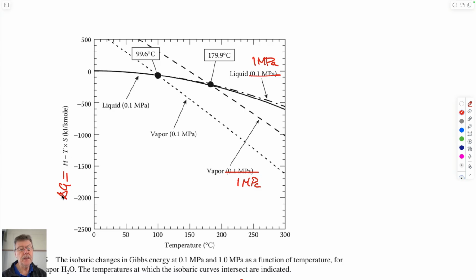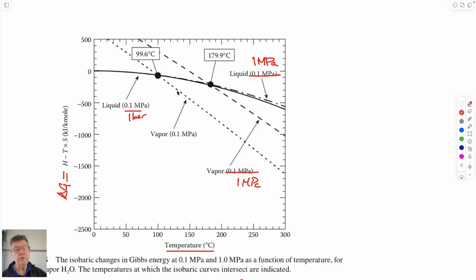And if you look at the change in Gibbs free energy as you change temperature, say within water, if water is liquid and present at 0.1 of a megapascal, so this is 1 bar, and you look at how its Gibbs free energy changes as it goes from 0 centigrade to 300 centigrade, then the change in Gibbs free energy is relatively small.